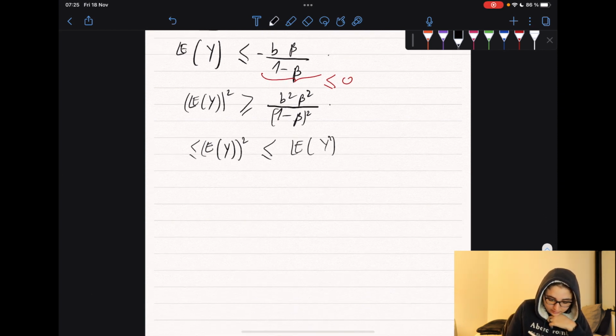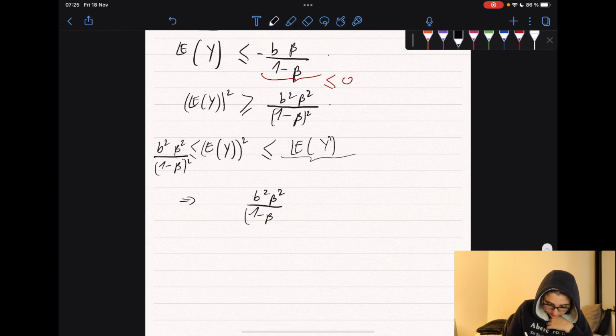And so this thing is a lower bound on this: b squared beta squared over 1 minus beta squared is less than expectation of y squared.